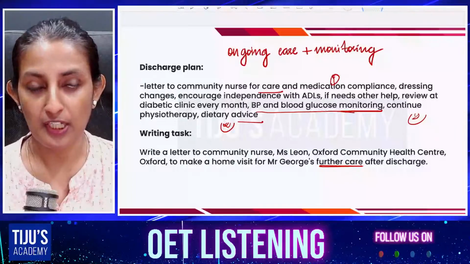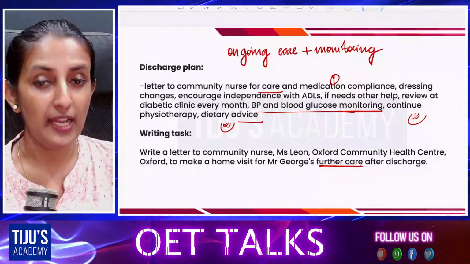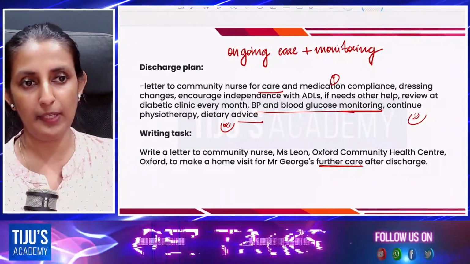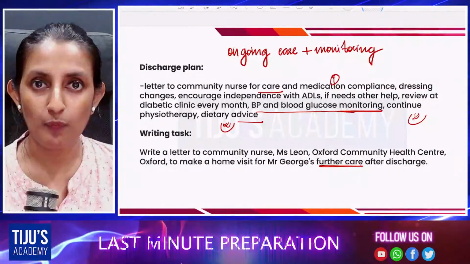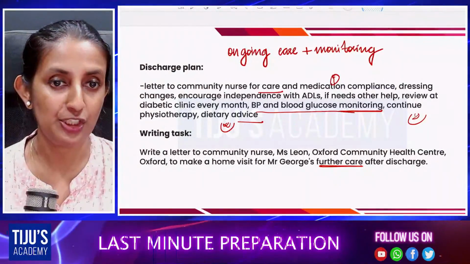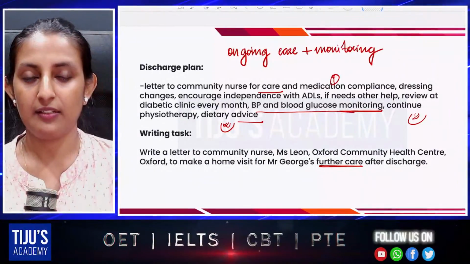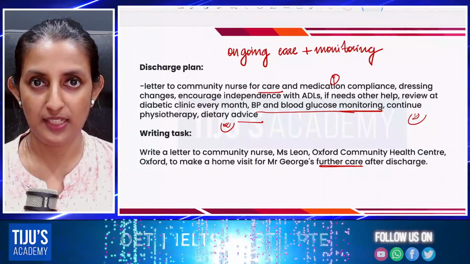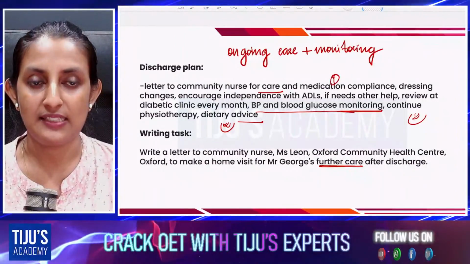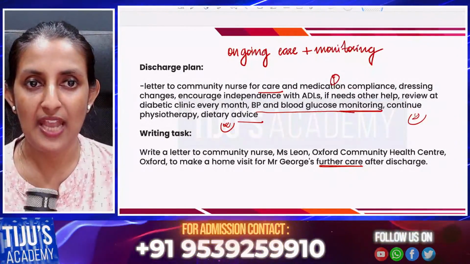So in the introduction we have mentioned that it is a home visit, right? So how do we say it? I am writing to request a home visit, we said. And since it is a home visit letter, in the discharge plan also it would be really better if you could mention that part. So how can we mention that part in the discharge plan? You can write it as, it would be appreciated if you could provide dressing for Mr. George at home.